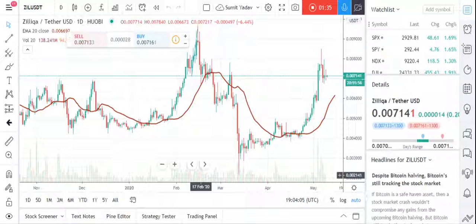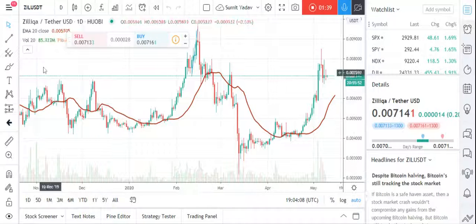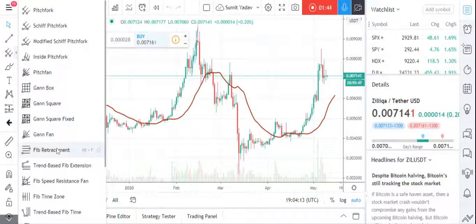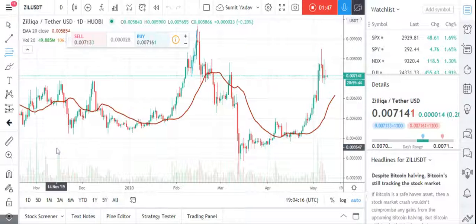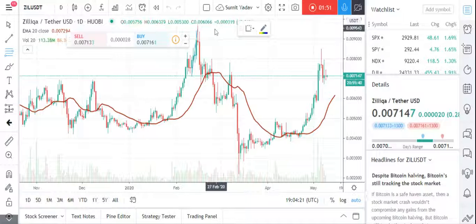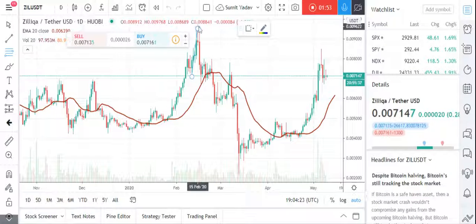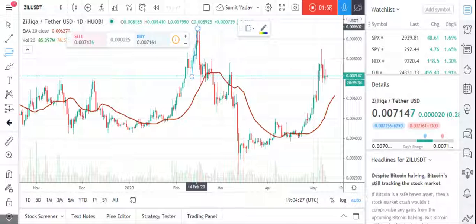So we'll see it in action in a while. We will select Fibonacci retracement from here. We can also use shortcut keys like Alt F. We'll select it from here and take an extreme point that is around 9602. It is here.